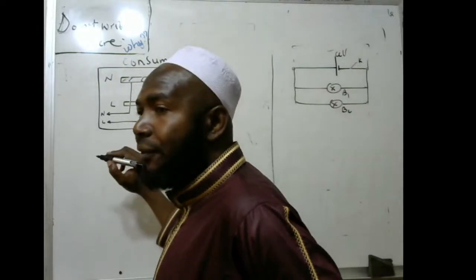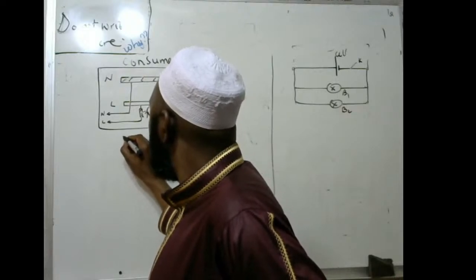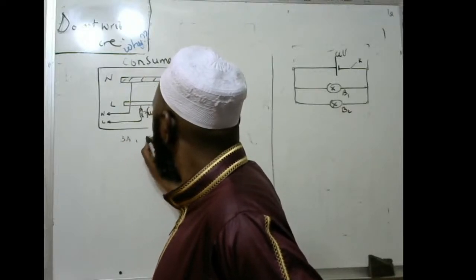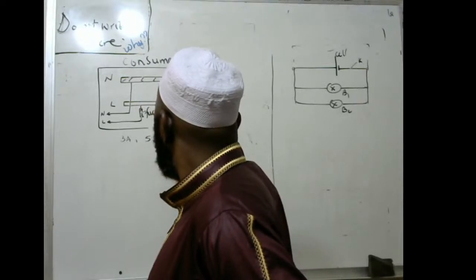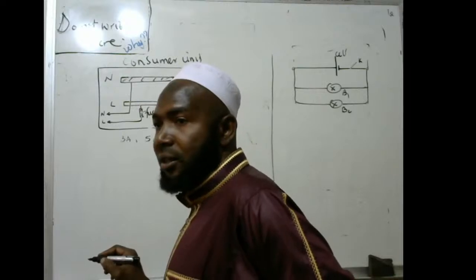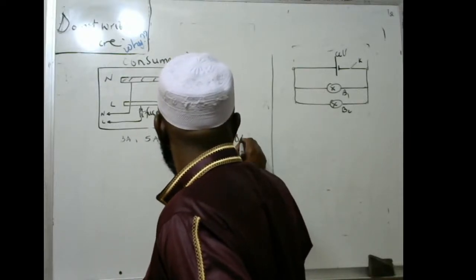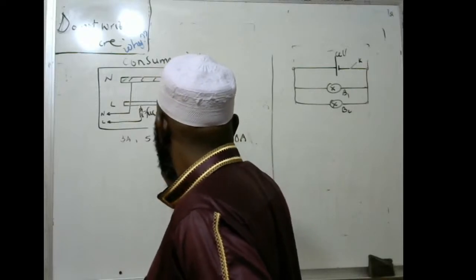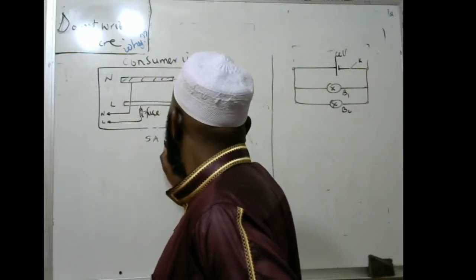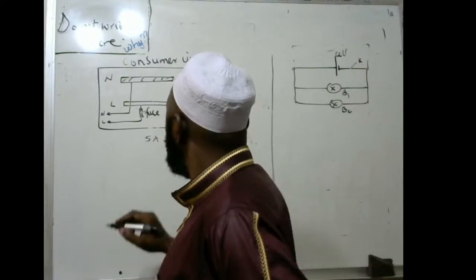So we normally have 3 ampere fuse, 5 ampere fuse, 15 ampere fuse, and 30 ampere fuses. Are you getting it? The common ones are 5, 15, 30. Are you getting it? Which you put here.